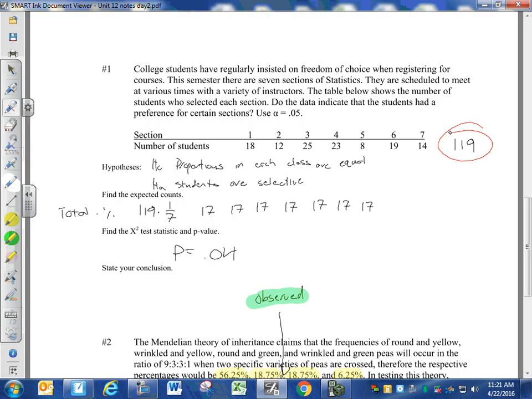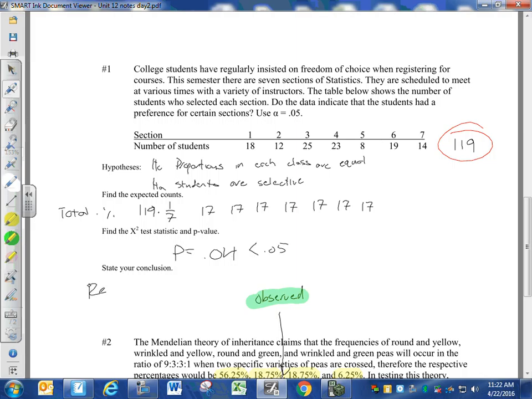The expected counts will be your total times the percentage. If they were evenly distributed, the percentage of each of these would be 1/7, giving us 17 all across the board. That's our L2. You get a p-value once you run test chi-square GOF of 0.04, which is just less than 0.05.